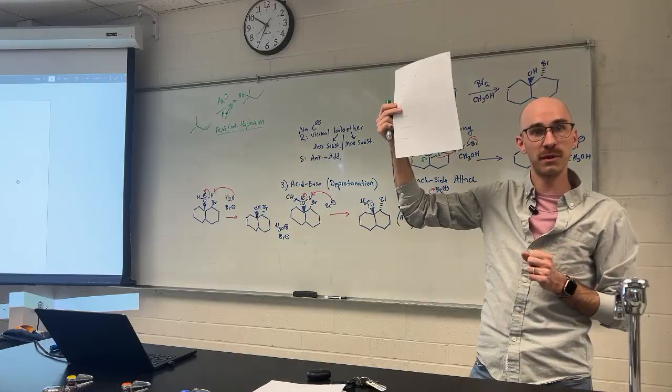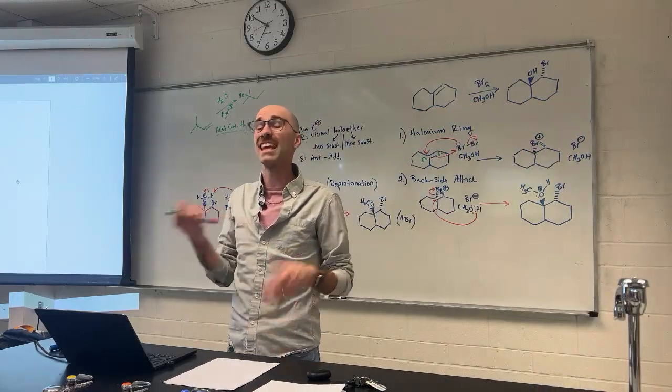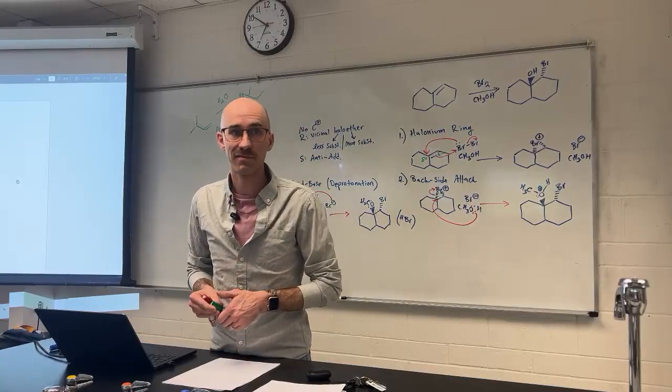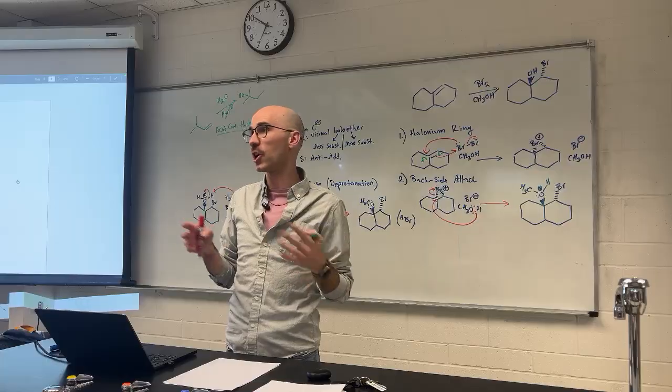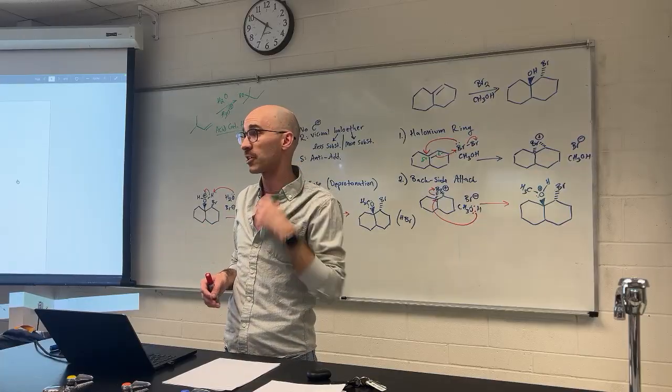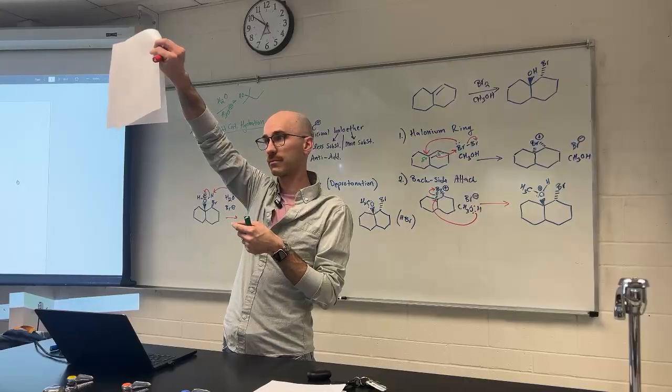That's how we'll start class Wednesday. Then we'll do this mechanism, and then we'll spend time with getting familiar with reagents, identifying the changes in functional group, learning the regio and stereochemistry of the reactions, and applying them. All right?